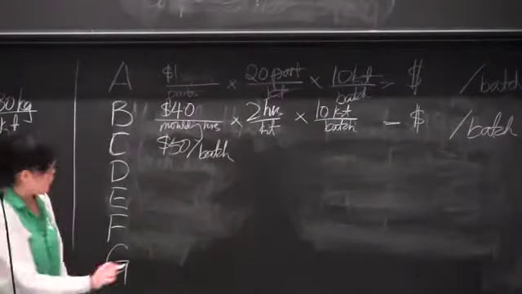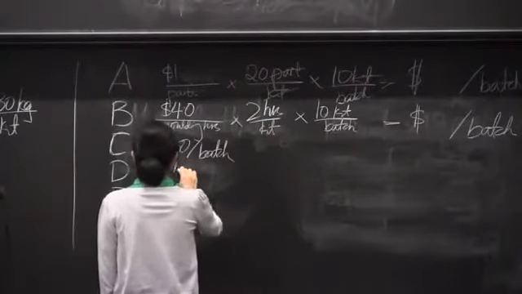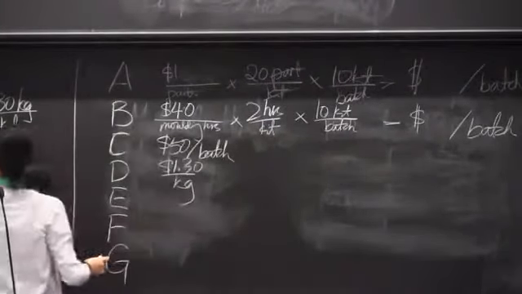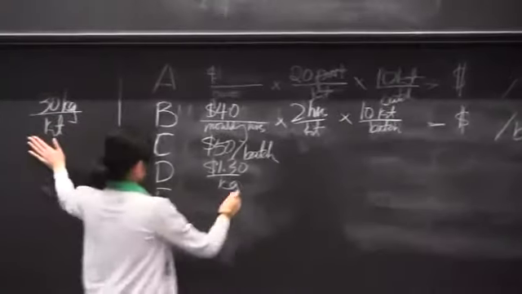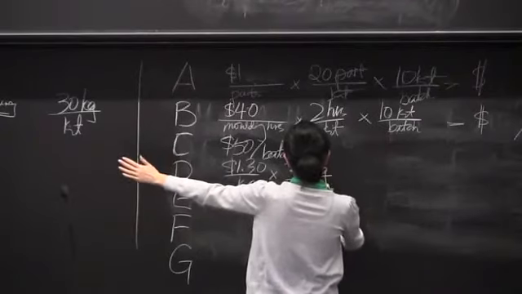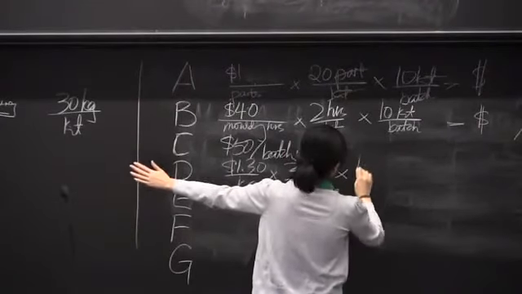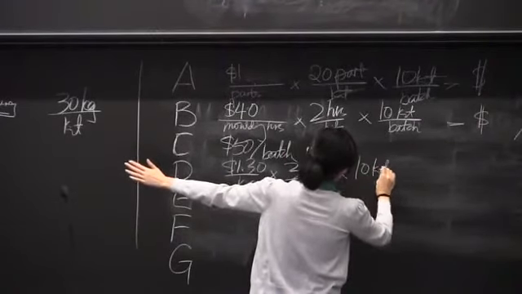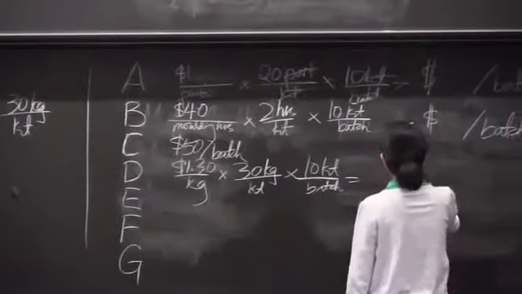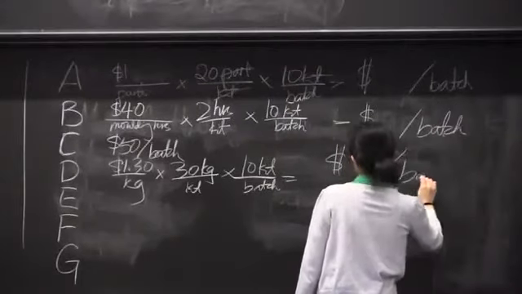So it's $1.30 per kilogram. Okay, look for those given numbers again. We see this: 30 kilograms per kit and 10 kits per batch, right? Do we cancel out our units? Yes, we do. We're left with dollars per batch.